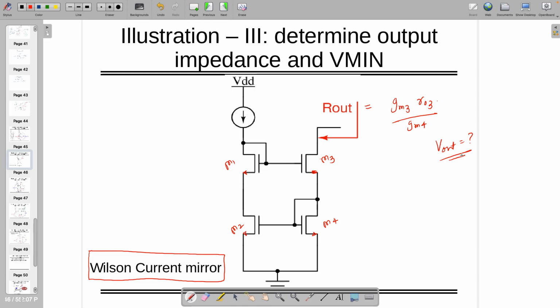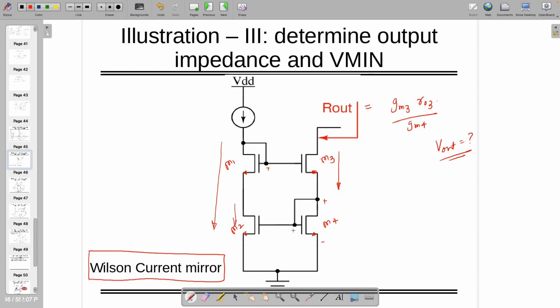By the way, this particular topology is good for one reason: you are having two feedbacks. The current flowing from here is getting mirrored over here. One feedback is from here, so on the basis of available voltage over here, the current will be mirrored over here, and on the basis of voltage over here, the current is getting mirrored over here.